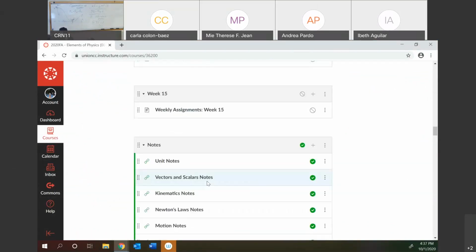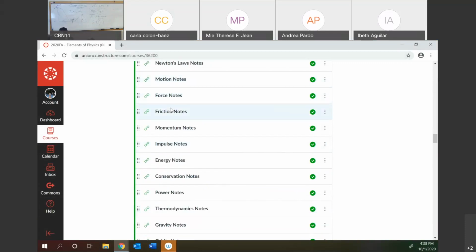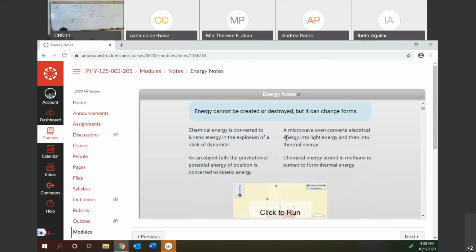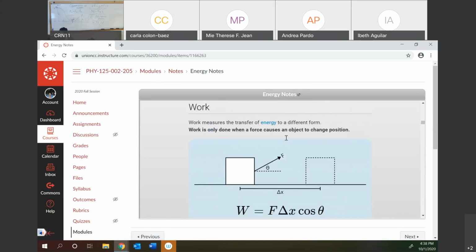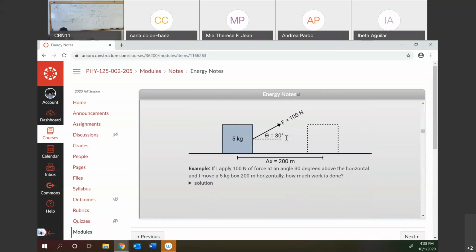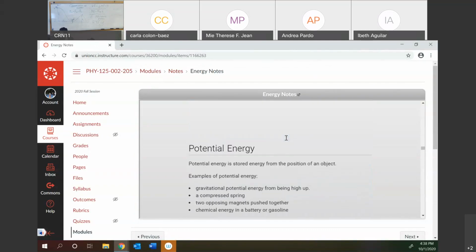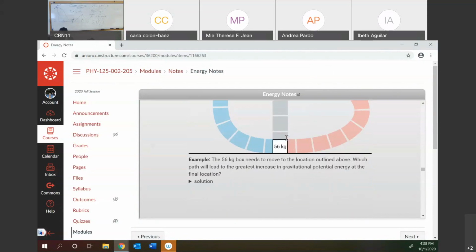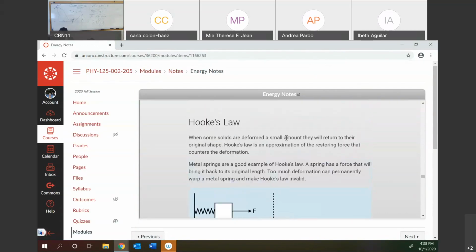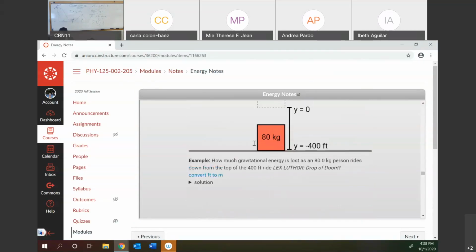The notes. Going to energy notes. You can take a look at these two as well. That's momentum and impulse. But I like these ones in particular because look, it has everything we talk about. Mechanical, work, an example there of work, kinetic energy, potential energy. So I like this. It's pretty good. There's a few animations in there. And then we'll start talking about springs again next class.